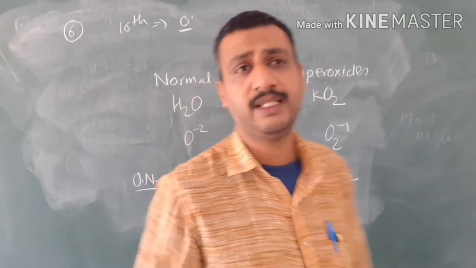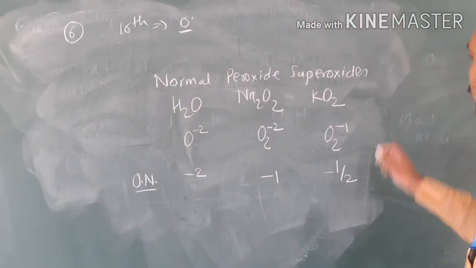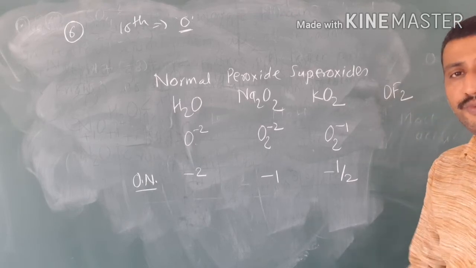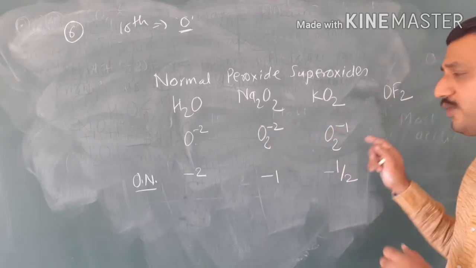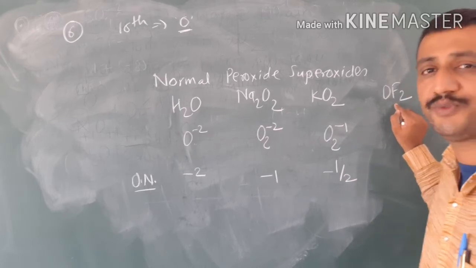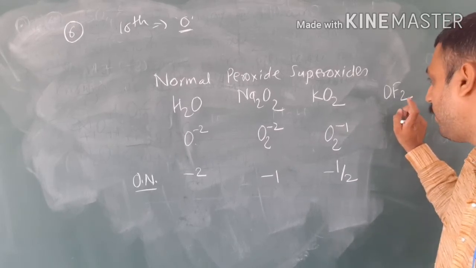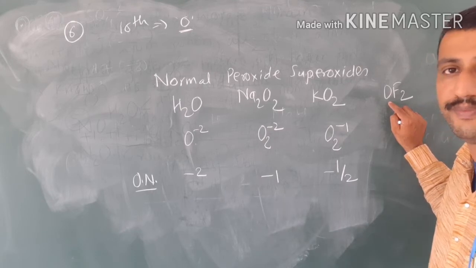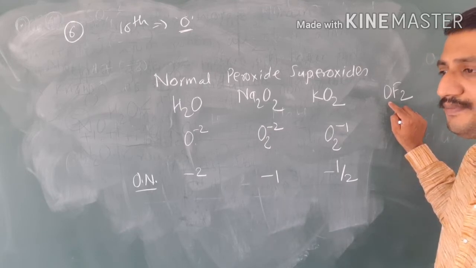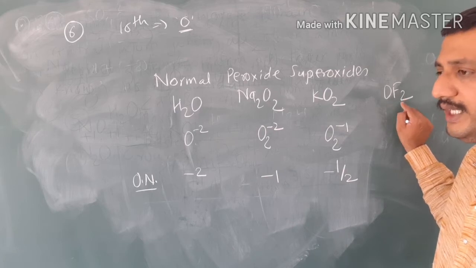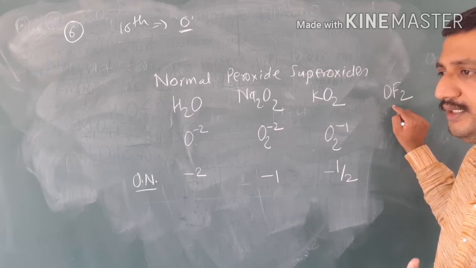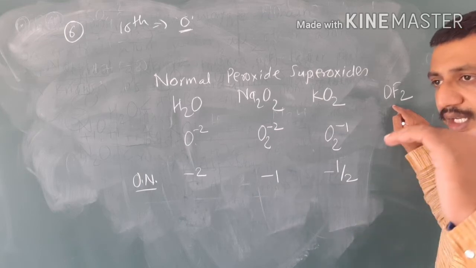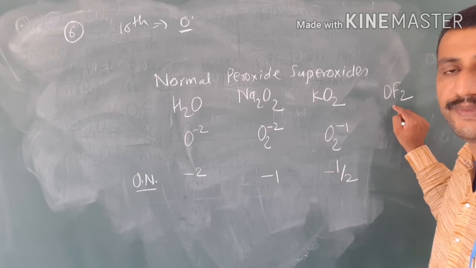And one more: the oxide of this type, OF2. In OF2, fluorine is more electronegative. The electronegativity of fluorine on the Pauling scale is 4, and that of oxygen is 3.44. So oxygen is less electronegative than fluorine.